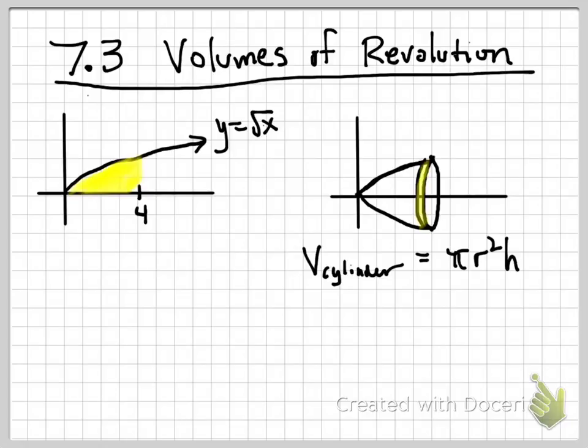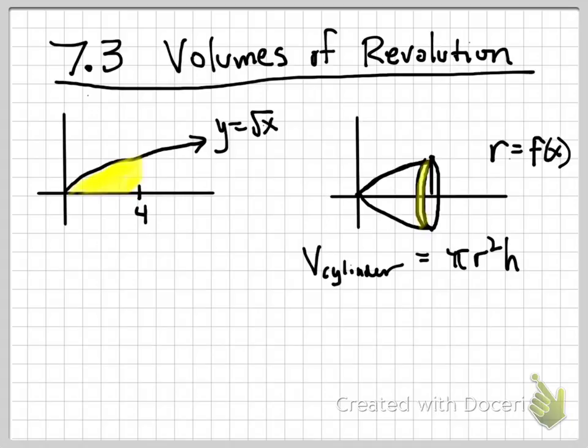So we have to ask ourselves, how would we find the radius of that cylinder? It would be from the center of our circle out to the edge. So then what would we do to calculate that radius? Really, that radius is equal to our function value at whatever point we happen to be at.